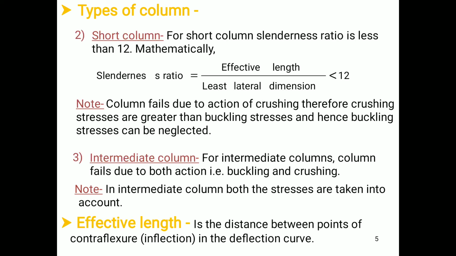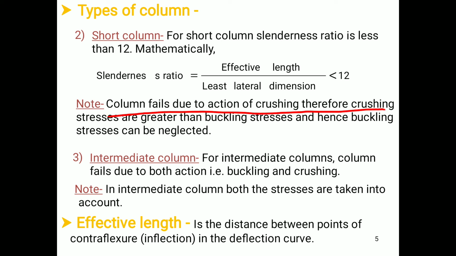Now the next definition is short column. For a short column, the slenderness ratio is less than 12, the ratio of effective length to the least lateral dimension being less than 12. For a short column, the column fails due to the action of crushing.